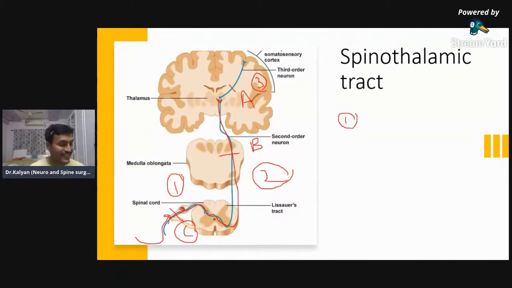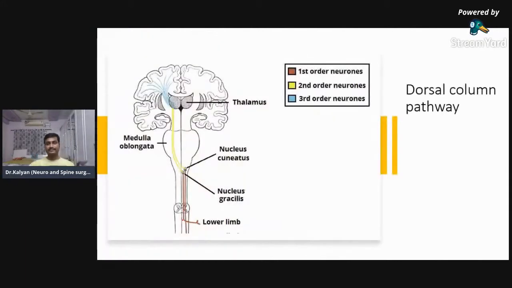Right, everyone is right. In C, the patient will have loss of sensations on the same side, whereas in A and B, the patient will have loss of sensations on the opposite side of the lesion. Final tract: this is the dorsal column pathway, a sensory tract. Again, it has three order neurons.